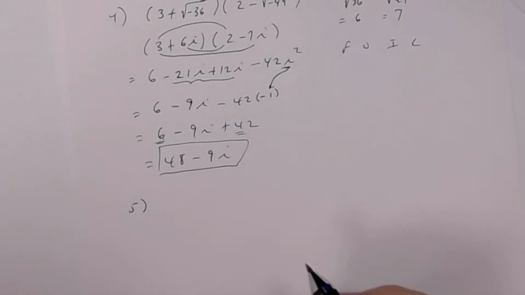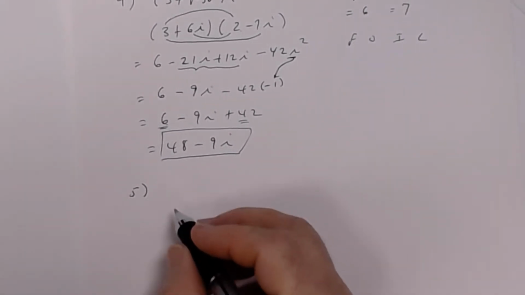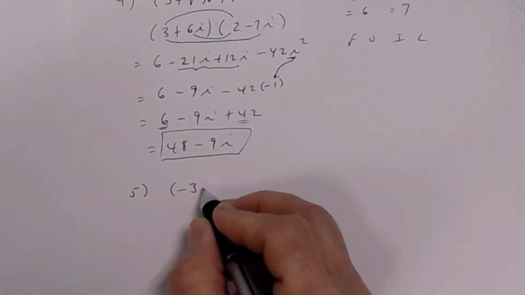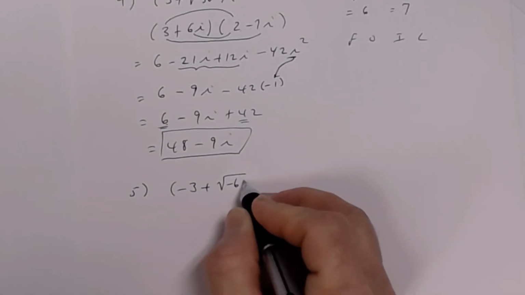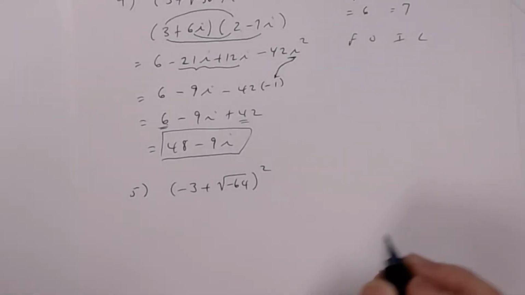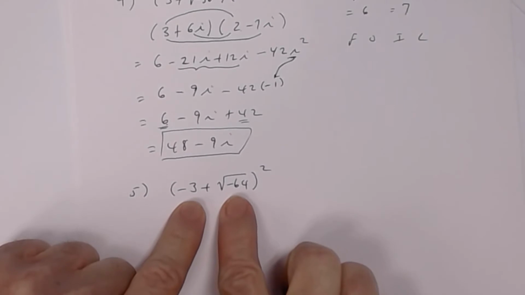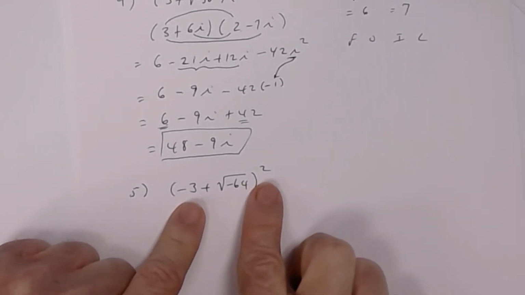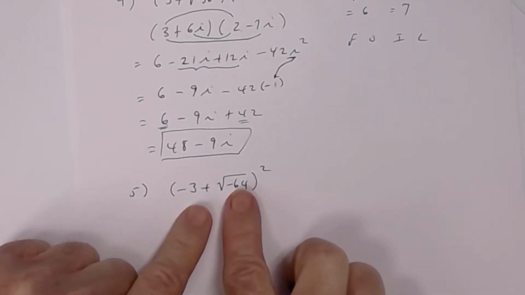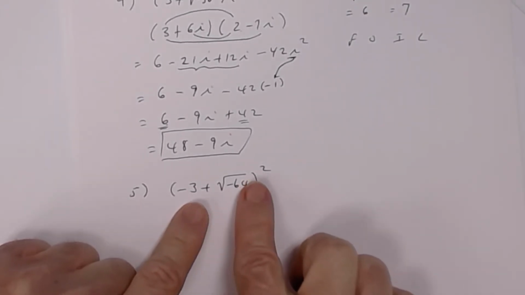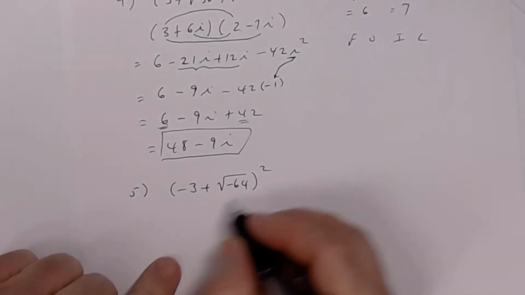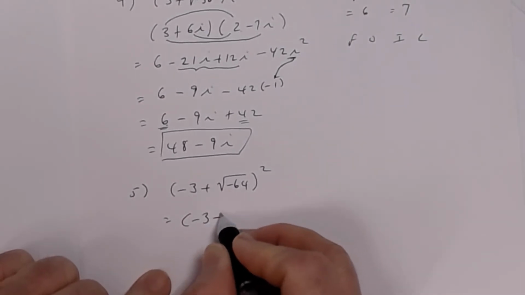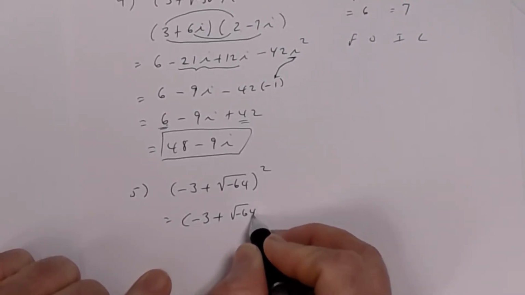Now, number 5, we have negative 3 plus the square root of a negative 64, squared. So notice that this is a binomial squared. Two terms squared. Okay? So remember what that means, though, is that this binomial that's being squared, I can write it as that binomial times itself, right?